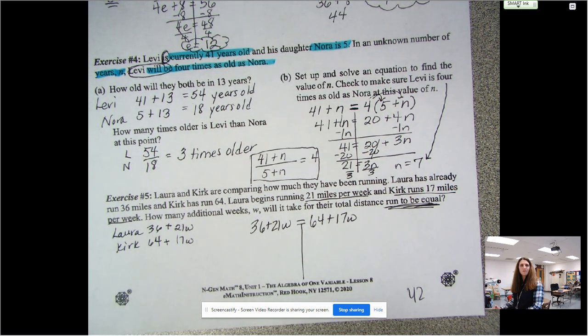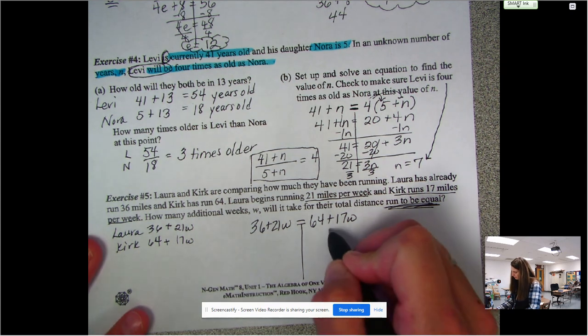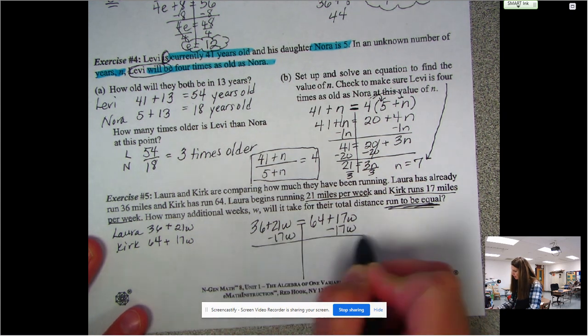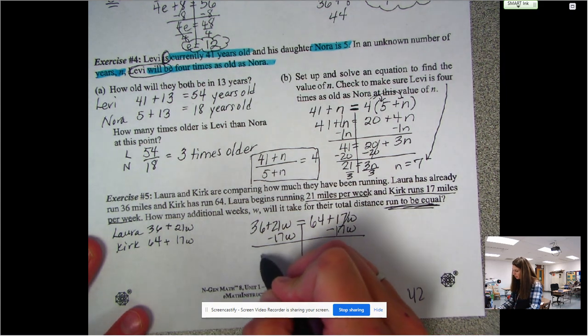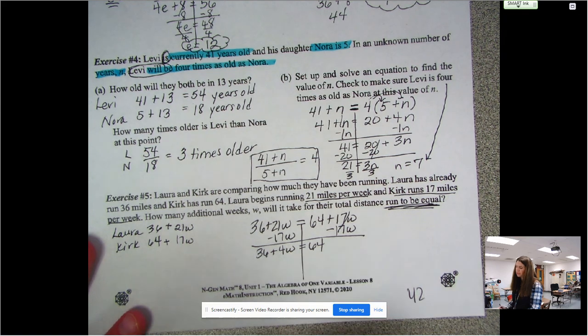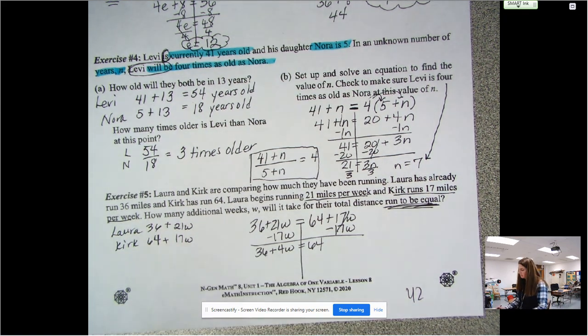Why don't you go ahead and pause the video and solve it on your own and then restart it and watch me solve it and check your answer. Okay, we're going to subtract 17W on both sides. I'm just moving the smaller one to the larger one. You could have moved it the other way. So we should get 36 plus 4W equals 64.